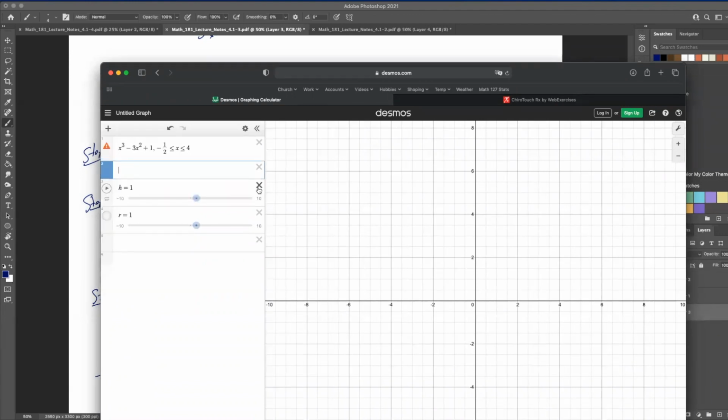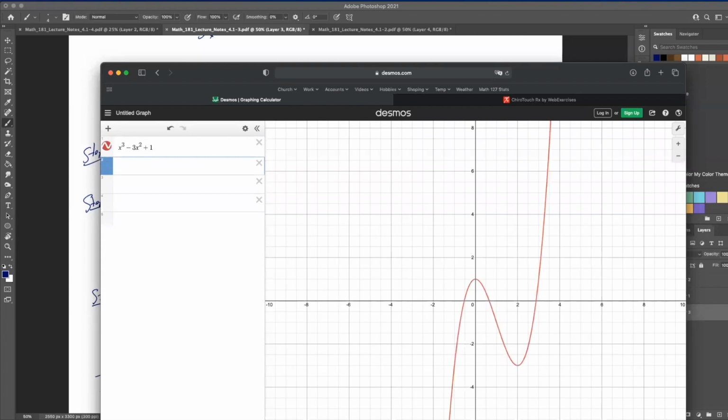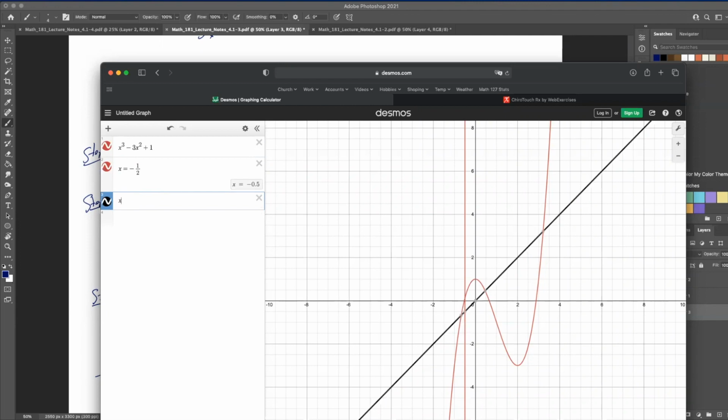No. Oh, screw it. I know an easy way to do this. I'm just going to draw a line at x equals minus 1/2. And then should we make that a different color? No, of course not.